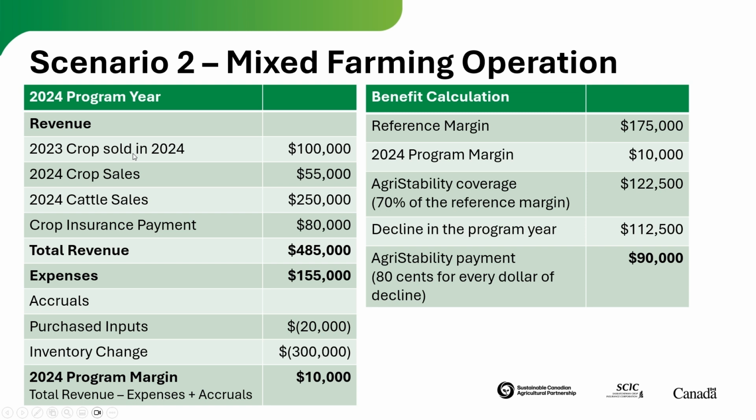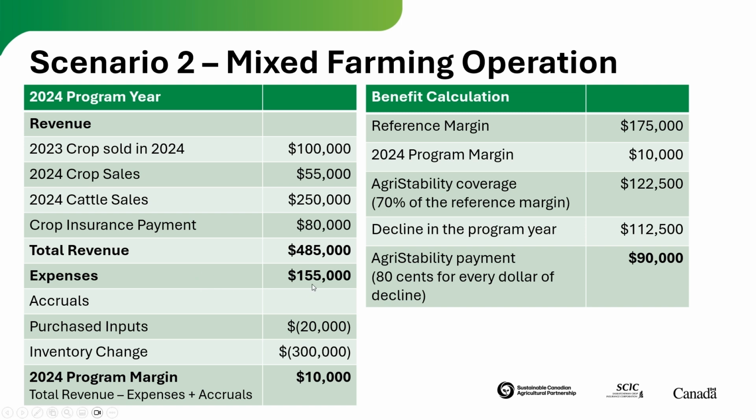So walking through their calculation, they had some carryover grain as well that they ended up selling, just $100,000. And 2024 crop sales, 55,000, plus all the livestock and cattle, calves and feeders and cows that they sold, 250,000, and their crop insurance payment of 80,000. So their total revenue came in at $485,000.